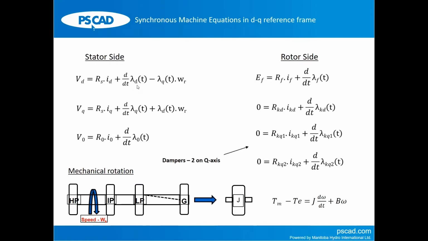This term is the Faraday effect, or the induced voltage term, because if you apply an AC voltage or AC current, a time varying current, there will be time varying flux. Even if your machine is not rotating, even if you hold it stationary, the time variation of the current and the flux can induce a voltage. So this is Faraday's effect, the induced voltage term. This is the rotational voltage term. In RMS type programs, the induced voltage term is neglected, while the rotational term is always there.